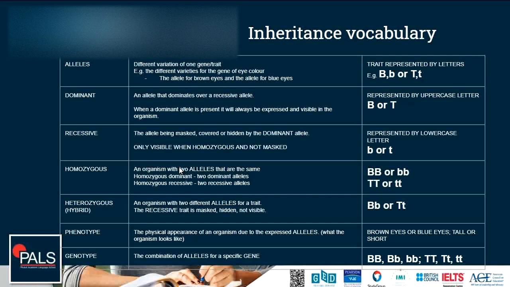Whereas the genotype refers to the combination of all the alleles that are present in the organism, or the genotype referred to a specific gene, the allele combination of that specific gene. So the different possible genotypes are homozygous dominant, homozygous recessive, or heterozygous. These are three possible genotypes in simple inheritance.